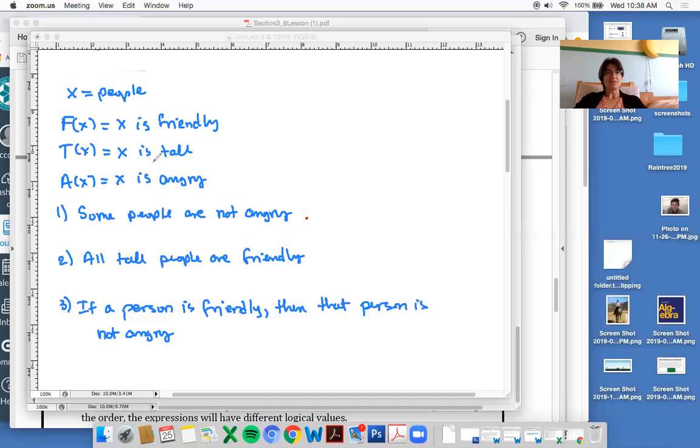All right, let's look at the first one. Some people are not angry. Any ideas? Some means the backwards E. There exists an X such that X is a person and not angry. Cool. Anyone for all tall people are friendly?